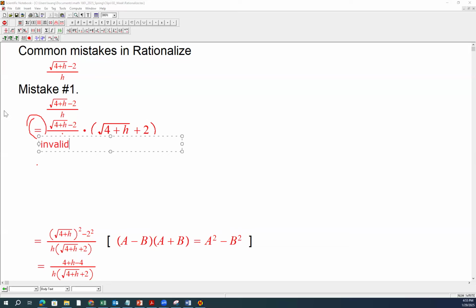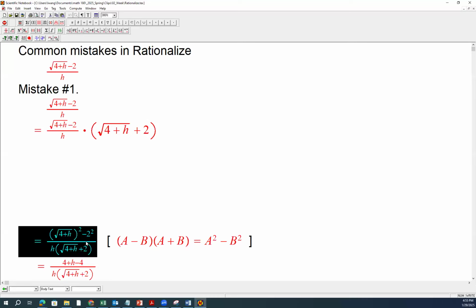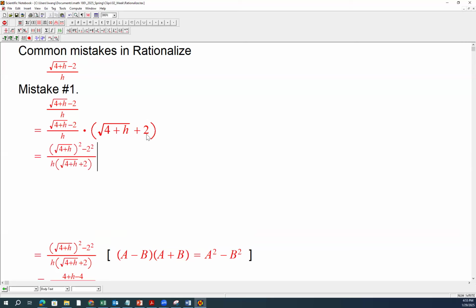And sometimes some students will continue this mistake and still get to this step, and this will be the second mistake. Our first mistake is that this equal sign is not justified.